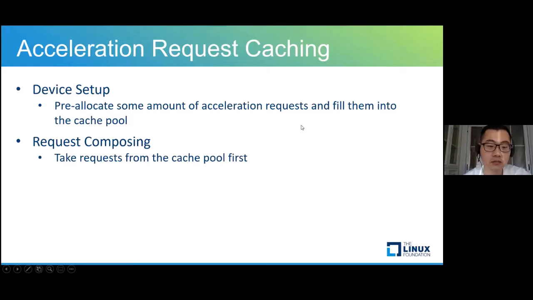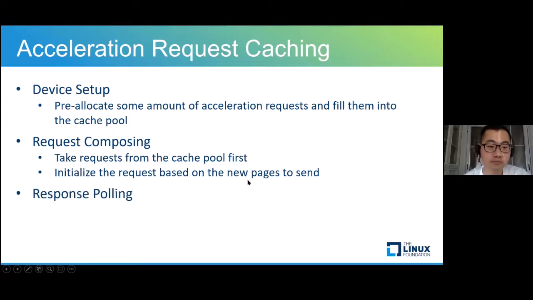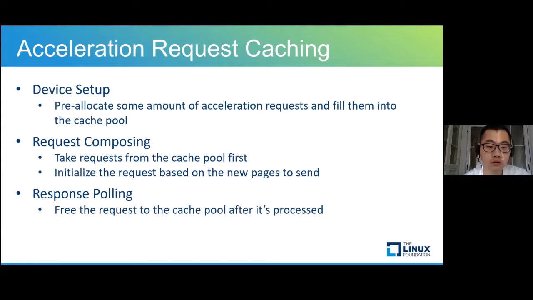So instead of doing malloc, it directly takes a request from the cache pool. Once the requests are used up from the cache pool, it will do malloc. Then it initializes the request based on the new pages to send. For the response polling thread, when a response is obtained, the thread frees the request to the cache pool, instead of calling the free syscall.